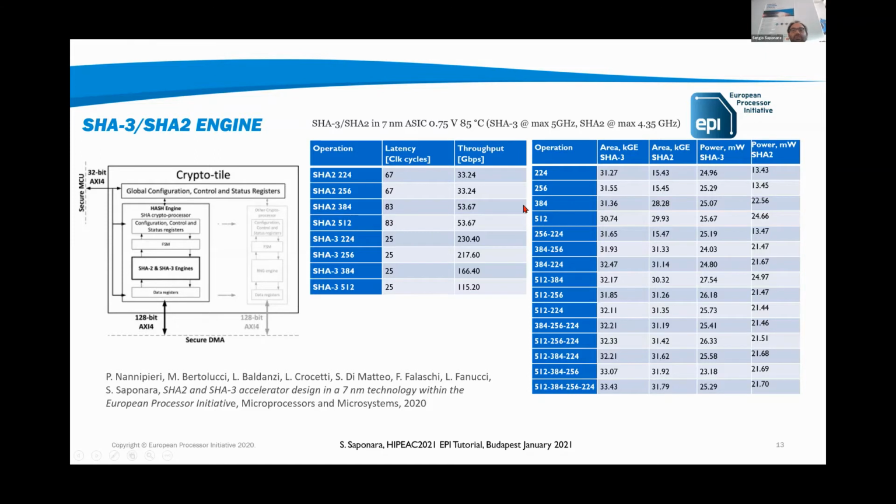For example, obviously we support SHA 2 and 3. In the full version, you can support SHA 2 and 3 with the maximum size. Obviously, you pay a little bit more complexity than the basic solution, but you have full support in hardware.